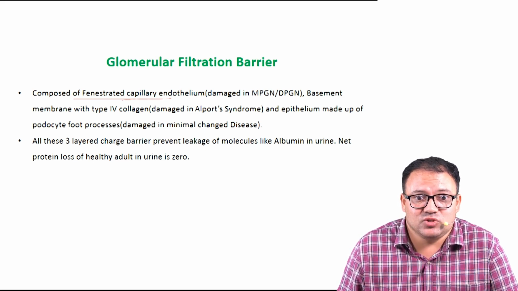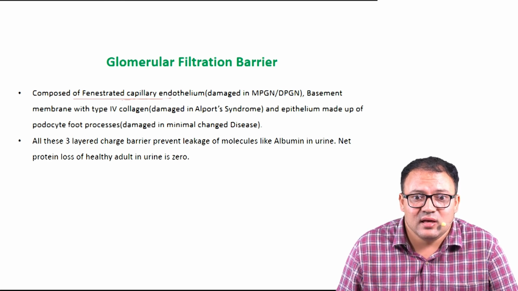If there is damage to the basement membrane type IV collagen, the disease is Alport syndrome. Very important. Similarly, the epithelium is made up of podocyte foot processes. You know that the change in minimal change disease is just loss of foot processes. There is no major change.